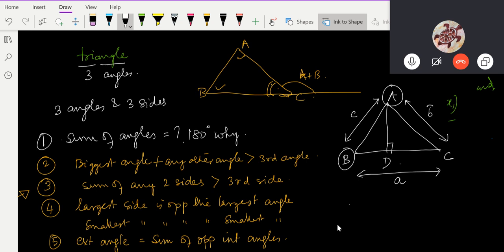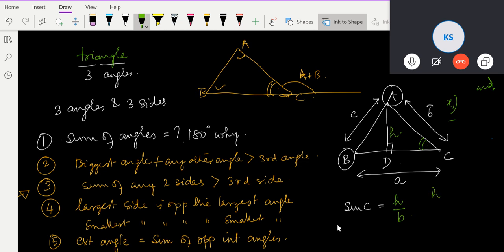So what is sine C? What is sine of angle C? Opposite over hypotenuse. So it would be AD and side B, or side H over side B. Opposite means H over B, right?